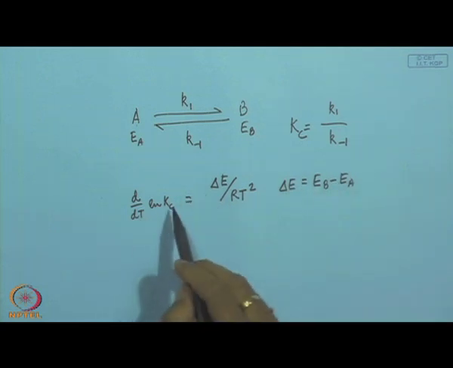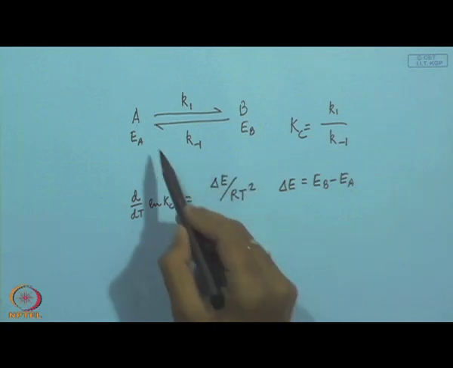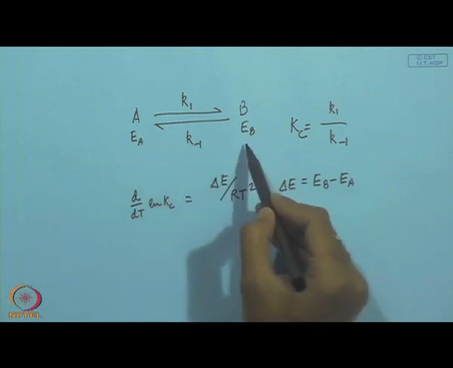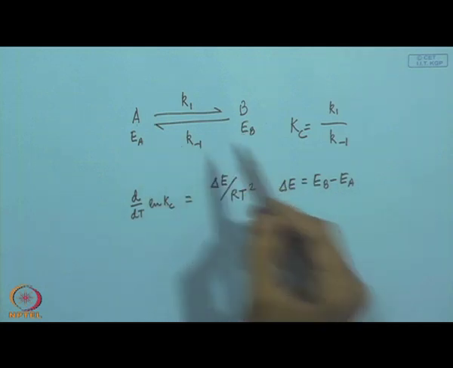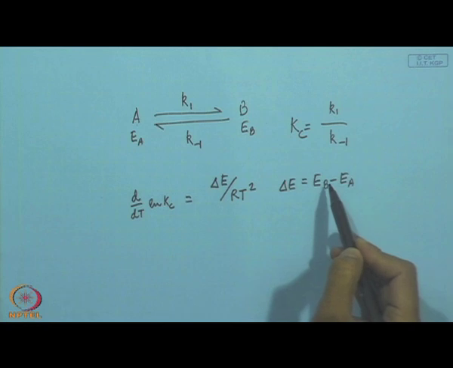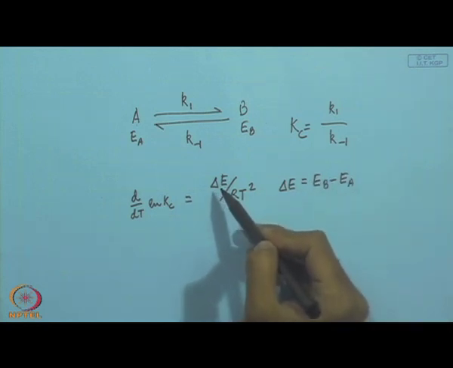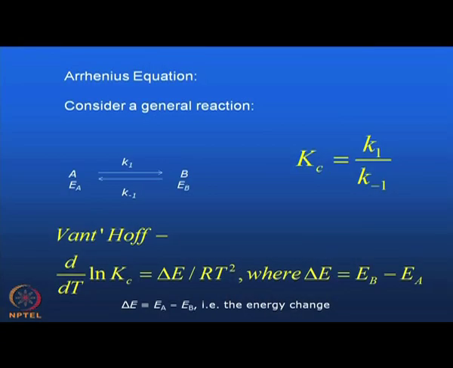Okay. So, he tried to use this expression with the idea that A has energy EA, and B has EB. So, the difference in energy will be EB minus EA, and then he has plugged in this value into this expression.